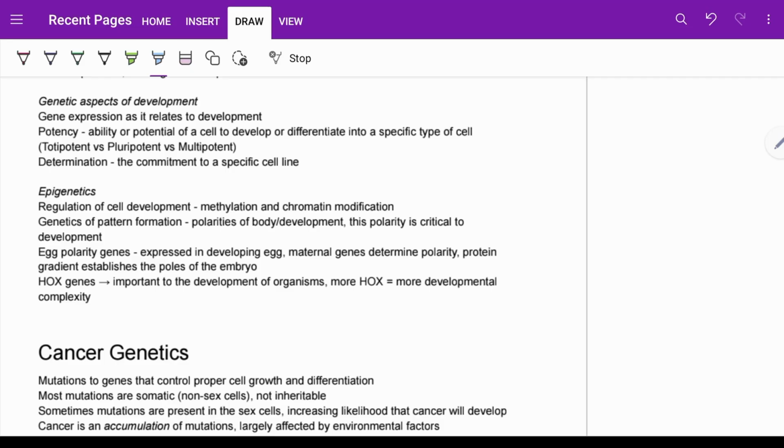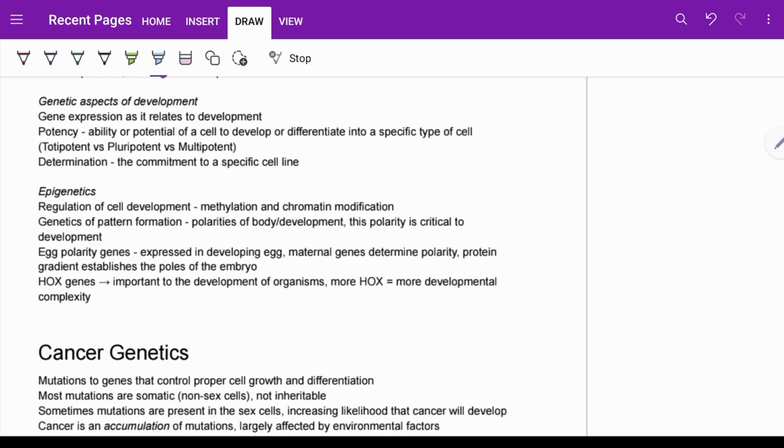This can also be a huge thing in development, because if stem cells differentiate in the wrong order, say if the organs develop out of order, this can really change how the organism develops. This is controlled by a lot of genetic factors, like gene expression. We also have epigenetics, and regulation of cell development can also affect this.